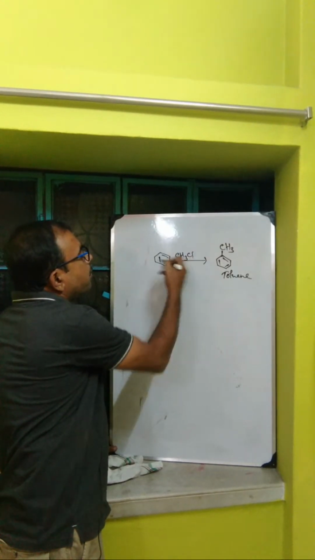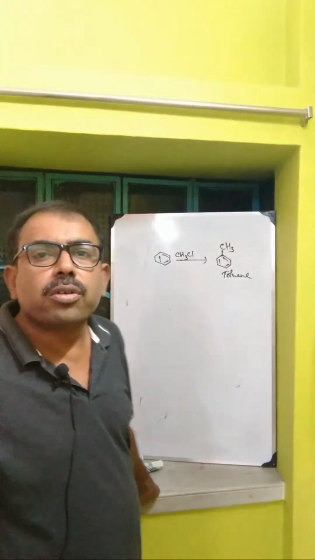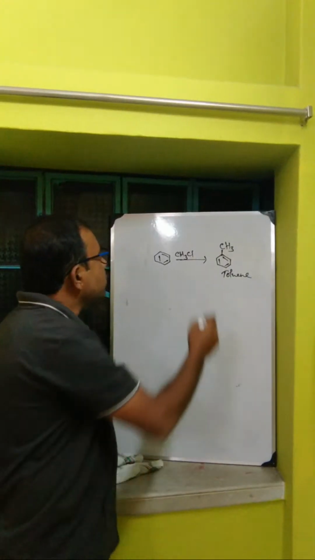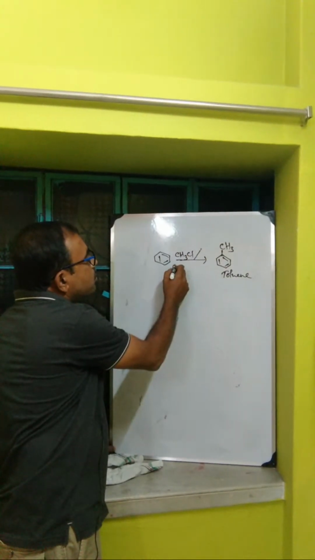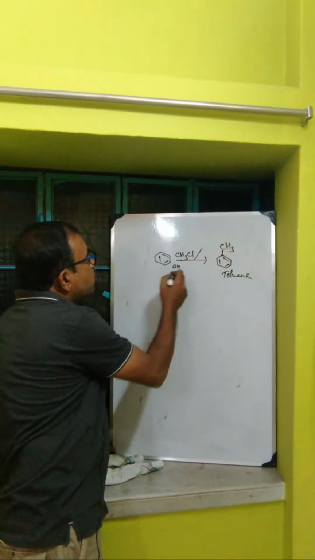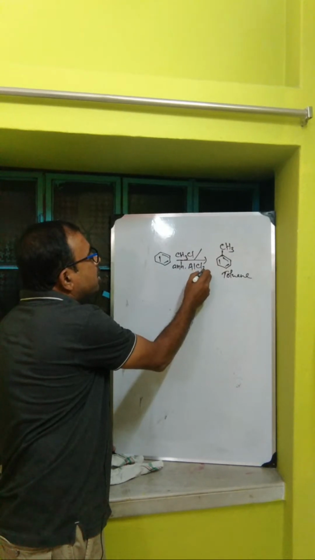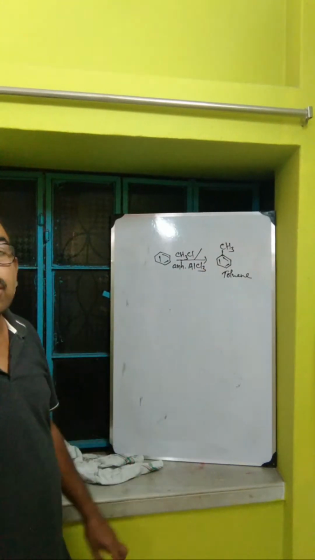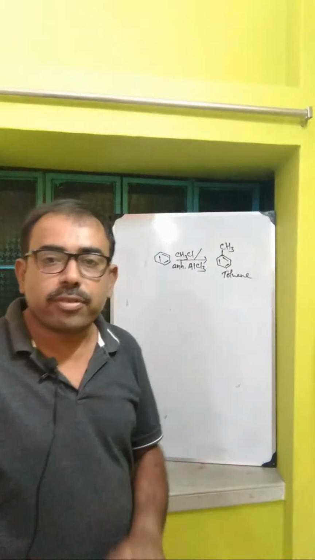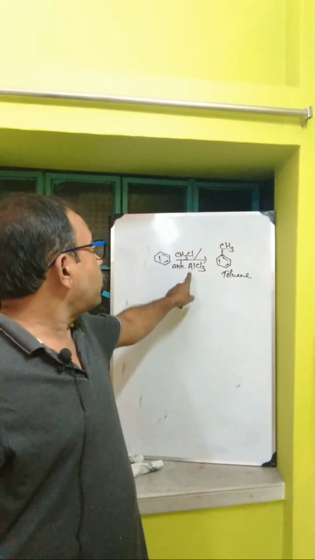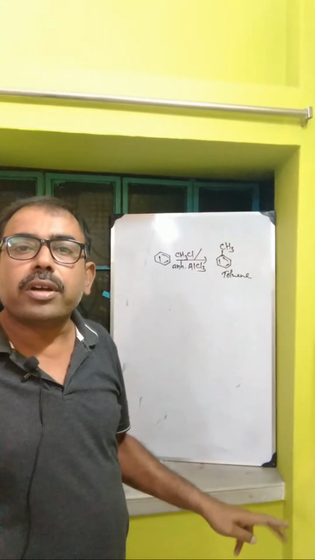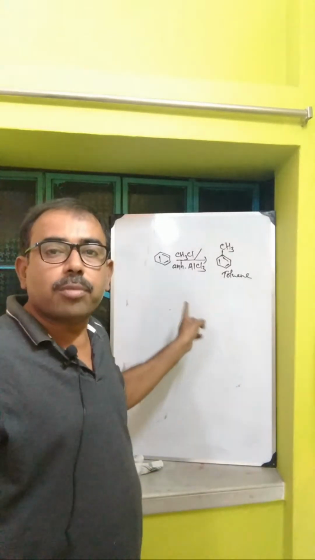You may use CH3Br or CH3I, whatever you want, but with this you also need to add anhydrous AlCl3, aluminium chloride, and this overall reaction is called Friedel-Crafts alkylation reaction. First of all, what is the role of anhydrous aluminium chloride, and then what is the mechanism of this reaction?